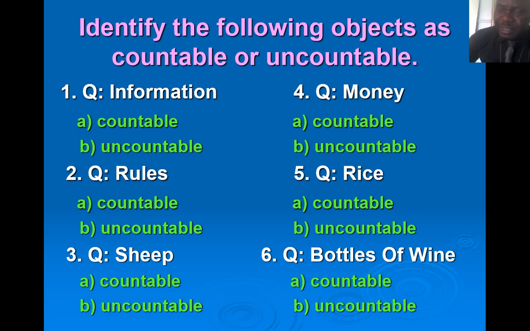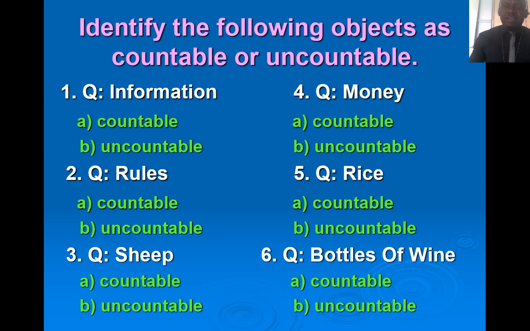Countable nouns are nouns that can be divided into measuring units, okay, and can be numbered. So you can actually say 1, 2, 3, 4, and all of that. Now, one is singular, more than one is plural. In terms of uncountable nouns, these are nouns that cannot be divided into separate countable units. Do you get it?